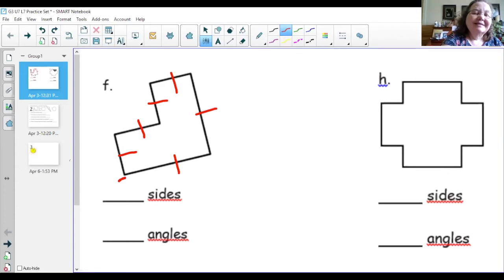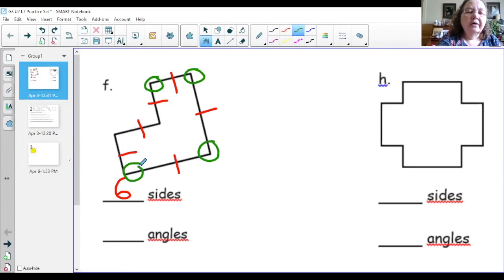We have 6 sides here. Well, how many angles and vertices do I have? I like to circle them. 1, 2, 3, 4, 5, 6. So I have 6 sides and 6 angles.